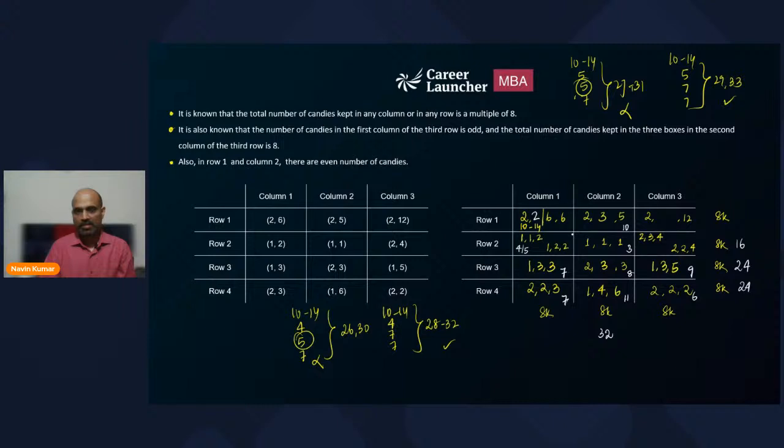Next is we need 10 to 14. Cases to hai. Cases to hai.